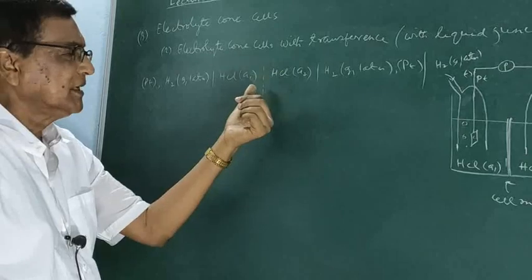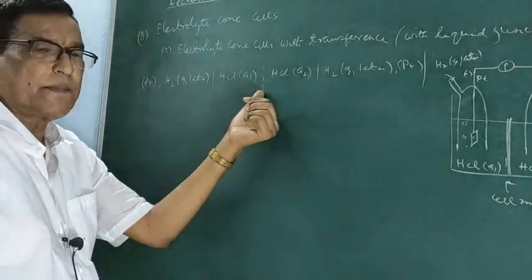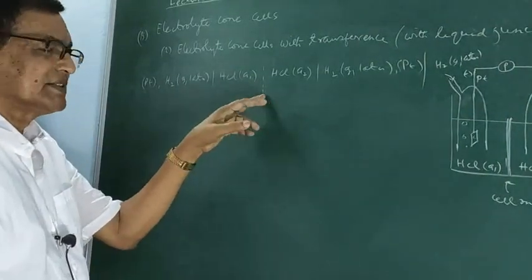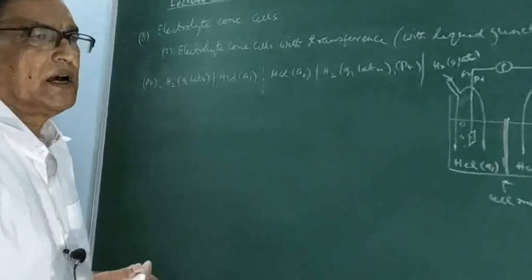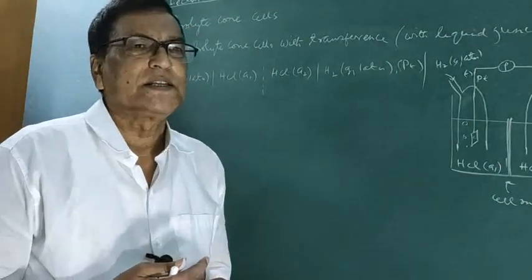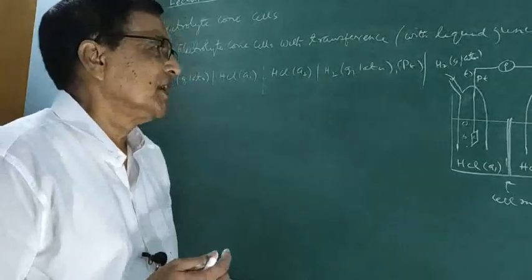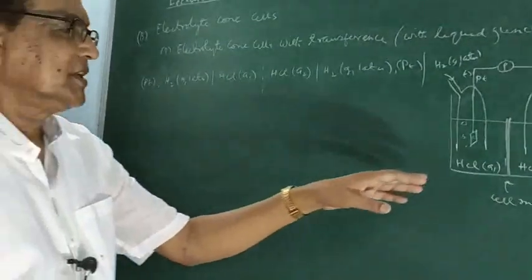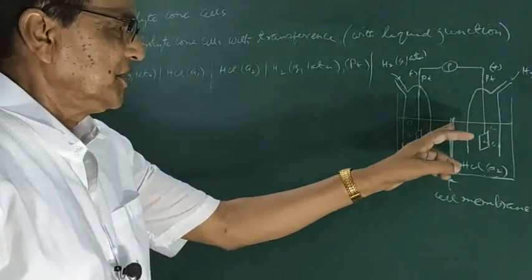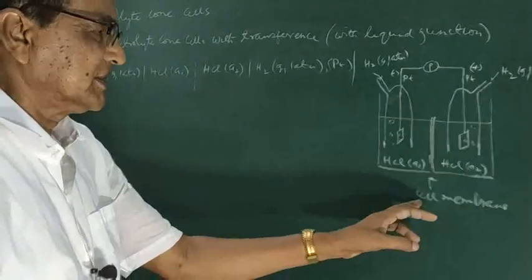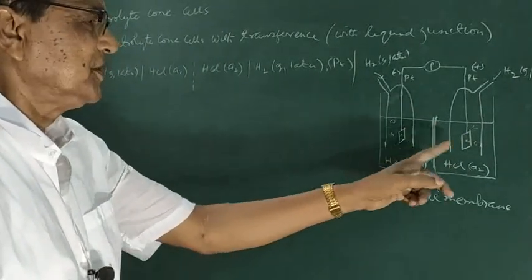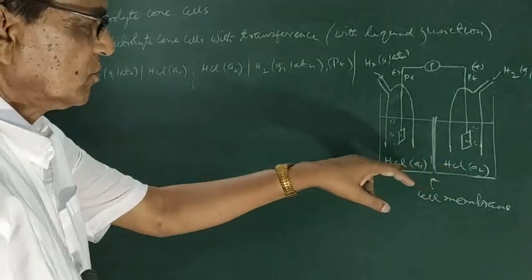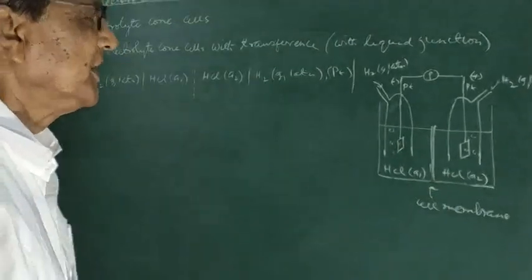Here a cell membrane or porous barrier has been inserted so that ions can pass through this junction, and at this junction some junction potential is developed, and I have already discussed the magnitude of this junction potential. Here the electrodes are the same, and this is the sketch of the cell. The porous barrier or cell membrane is used to separate two solutions of the same electrolyte differing in activities.